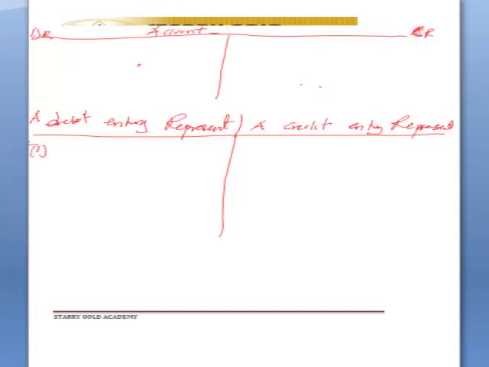Let's deal with it one by one. A debit entry indicates an increase in the value of assets. A credit entry to an asset means it is a decrease in the value of assets.